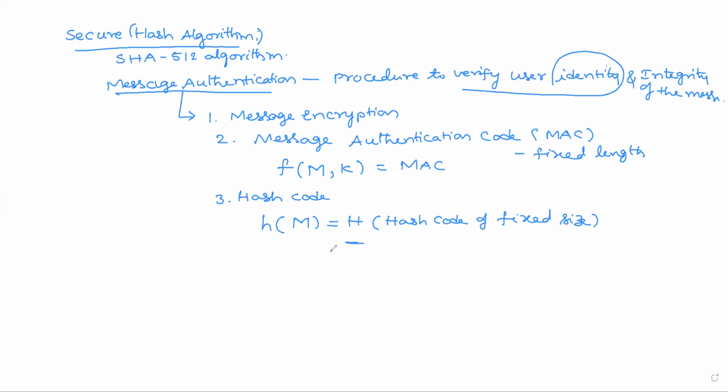Now we will observe how we can generate hash code, the third point, with the help of this SHA algorithm. Actually, this SHA algorithm is having different versions. So you observe here, I'm listing the versions here, and plain text, maximum size of that plain text, and then block size.